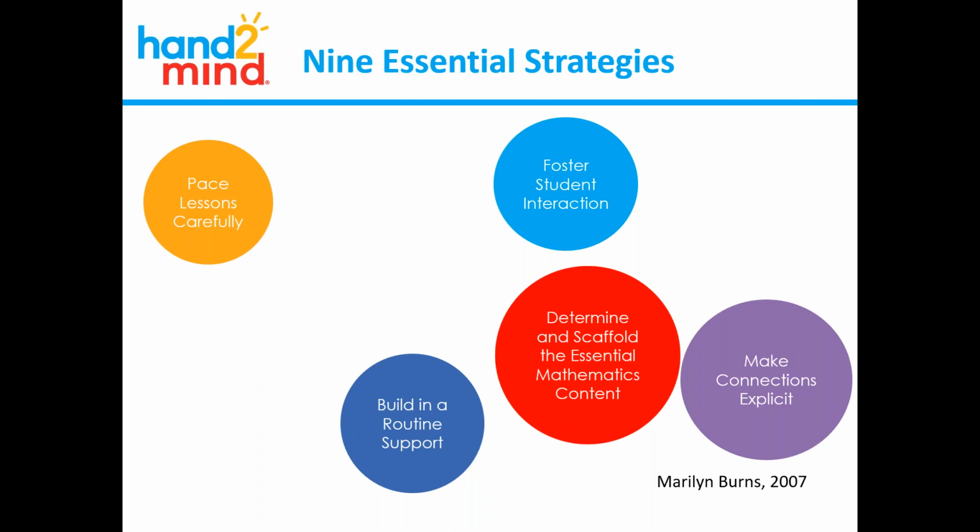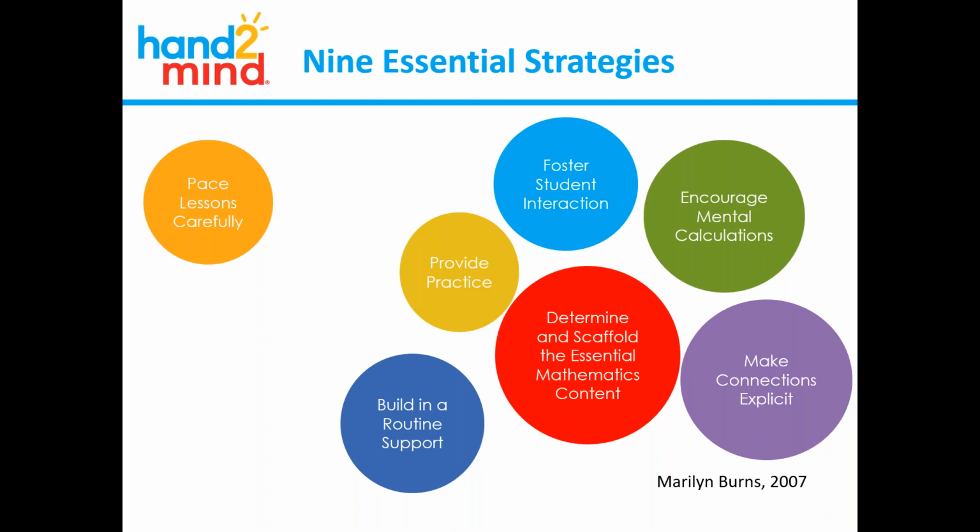Did it make connections explicit? So did I make the connection that if I have 9 plus 1, I can use that for 9 plus 6? Does this encourage mental calculations? Does it encourage kids to reason about numbers? Does it provide the practice that they need? Does it build in vocabulary instruction?